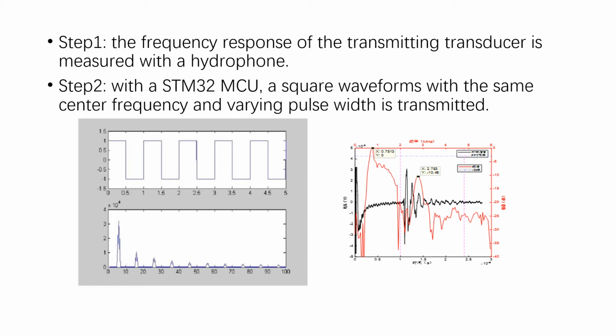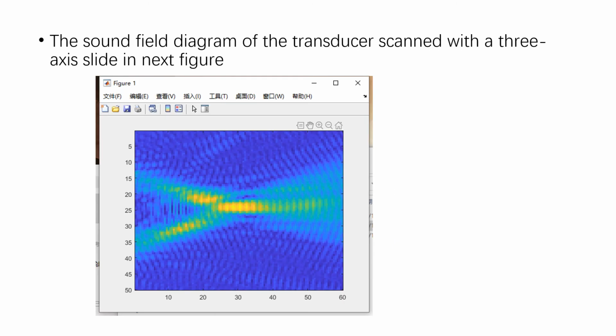The waveform is excited by the transducer, and the frequency domain is the correlation of the waveform and the frequency response of the transmitting transducer. The sound field diagram of the transducer is scanned with a 3-axis cell in the picture.